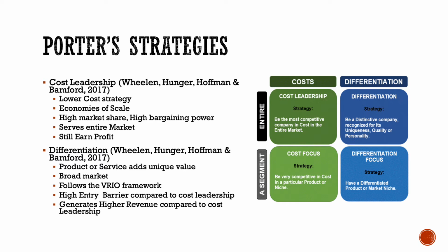Primarily using lower prices, companies are able to get leadership in the market, and they get this by producing products at large scale, gaining efficiency from economies of scale. Because of that, they are able to achieve high market share and high bargaining power. They serve the entire market and still earn a profit.